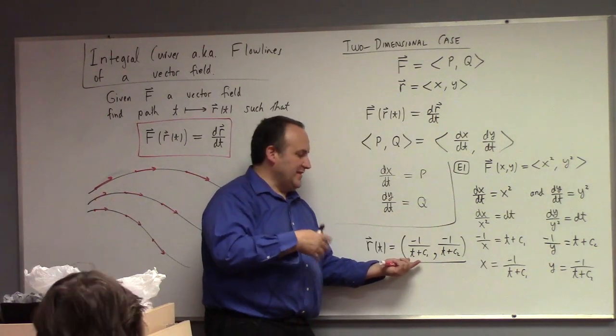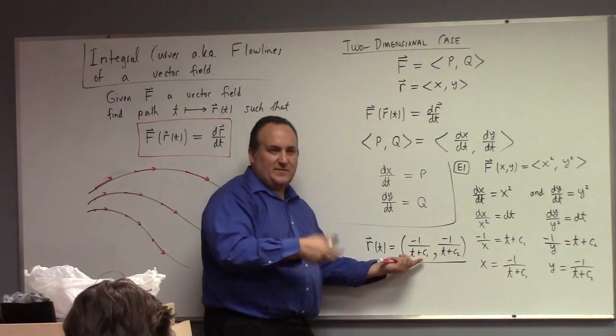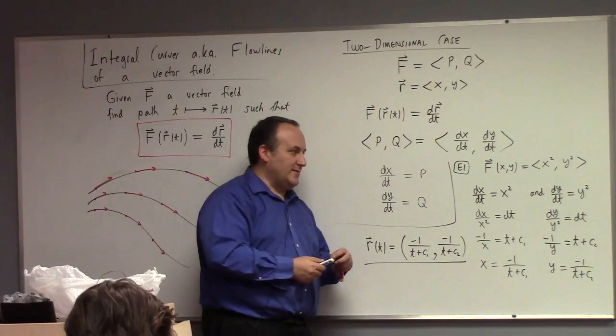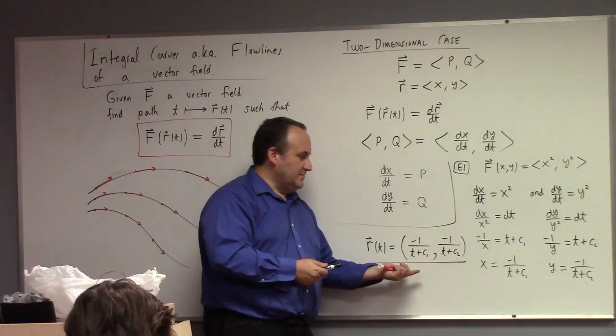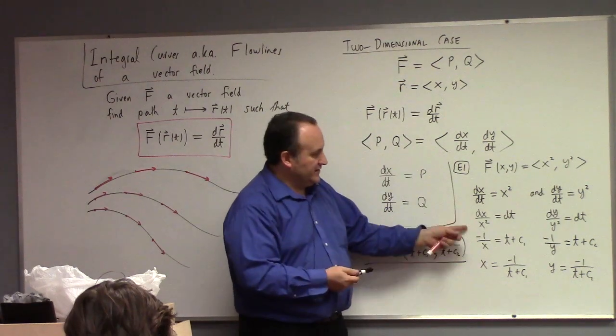If C1 was minus 3, when you got to time 3, you'd have division by 0 there. They have singularities as you evolve time that aren't apparent in the original differential equations.